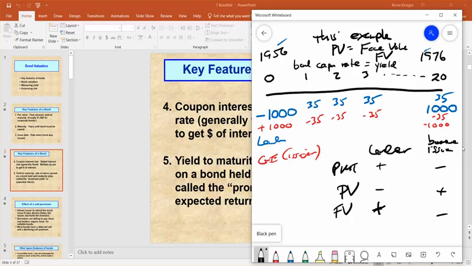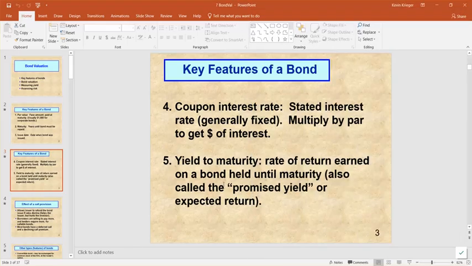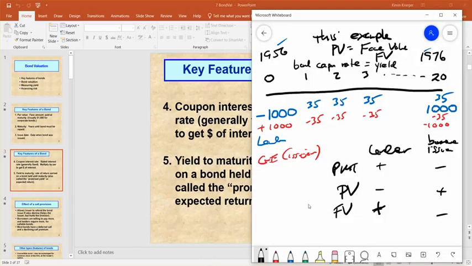Now, the yield tends to be one of the most difficult parts of a bond to understand in terms of terminology. Your book says it's the rate of return earned on a bond held to maturity, also called the promised yield or expected return. All of that is true, but if you're new to bonds, this to me is the easiest way to envision yield.